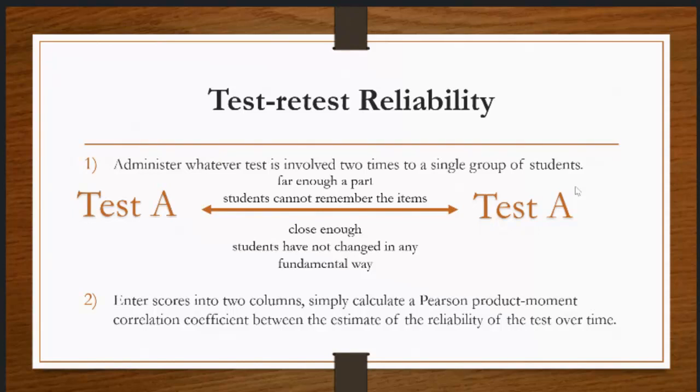Yes, so I think the first thing is about the period between the two times of the test. We cannot determine which is the best time, the best duration for the test. Right, okay. And the second concern is about the students' attitudes to the same test.